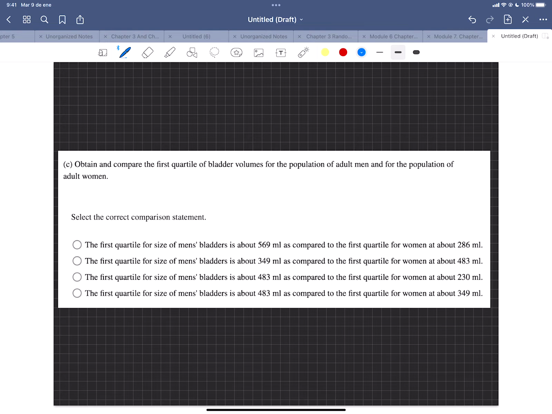It says obtain and compare the first quartile of bladder values for the population of adult men and for the population of adult women. The first quartile for men and for women. Quartile, remember, is what?